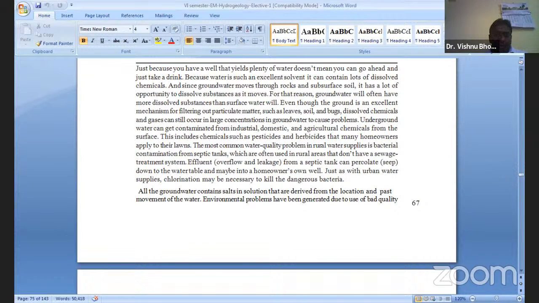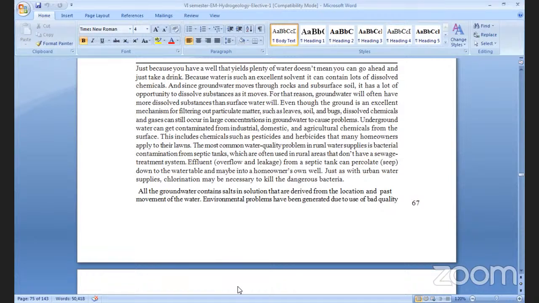Not only that, based on these contaminants, the common water quality is damaged. We also face contamination problems from septic tanks in areas where we don't have any sewage treatment system.